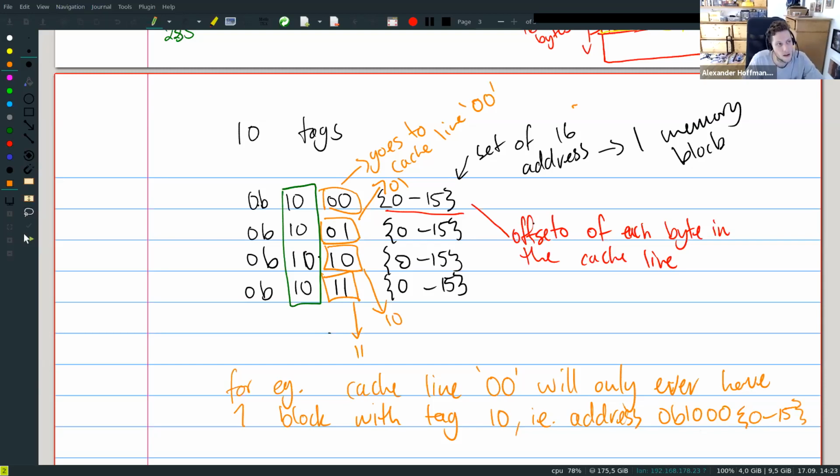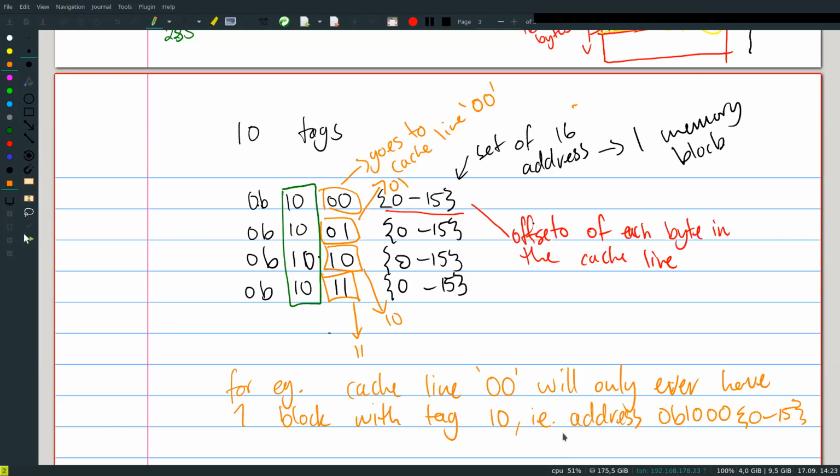See this? So we can say that the tag is unique. There's only one memory block that will ever have the 10 tag for a certain cache line, and therefore we can use it to compare, is this the current memory block in my cache line? So then we know, okay, yes it is, I can use it, or no it's not, I need to read it from memory and put it into the cache line because I've had a hit or a miss.